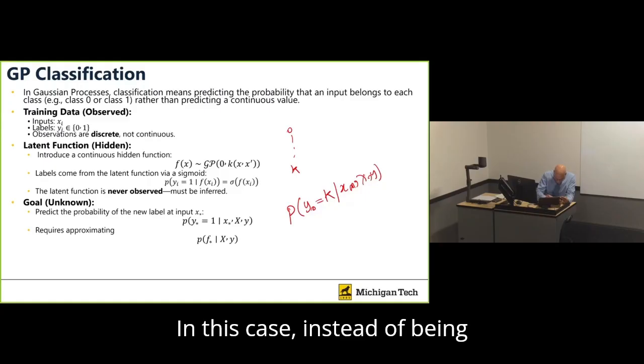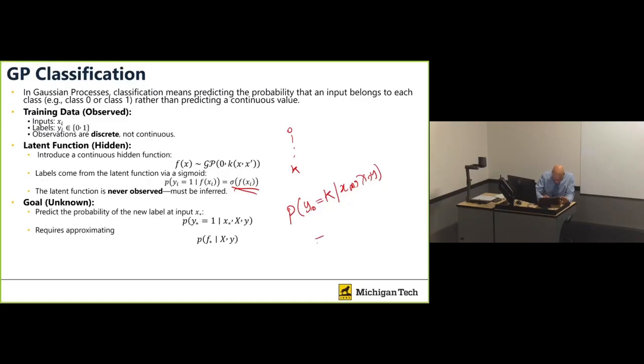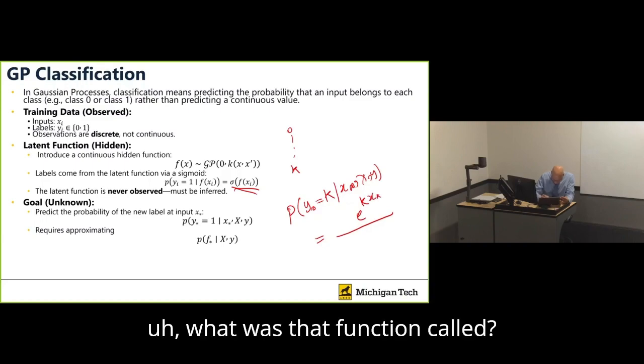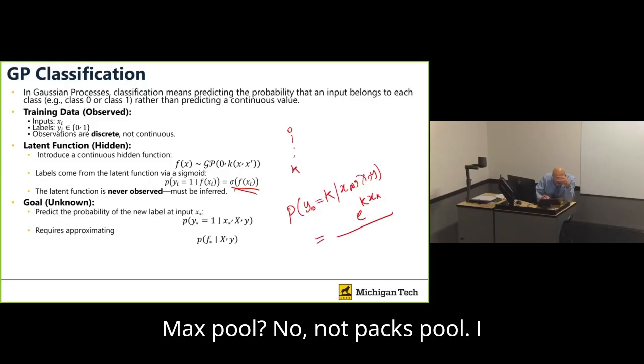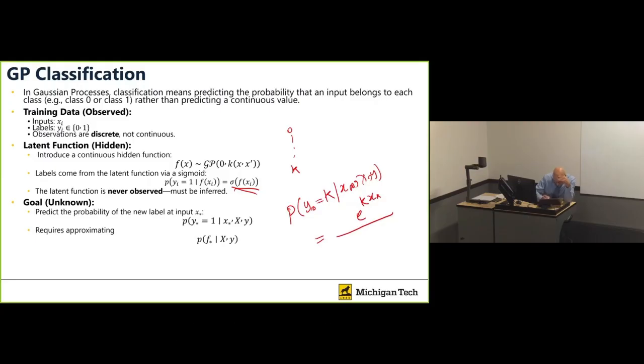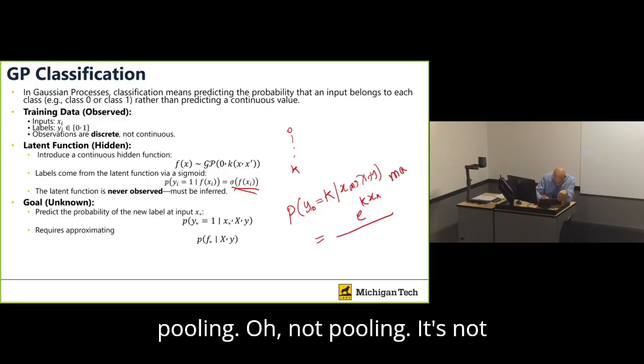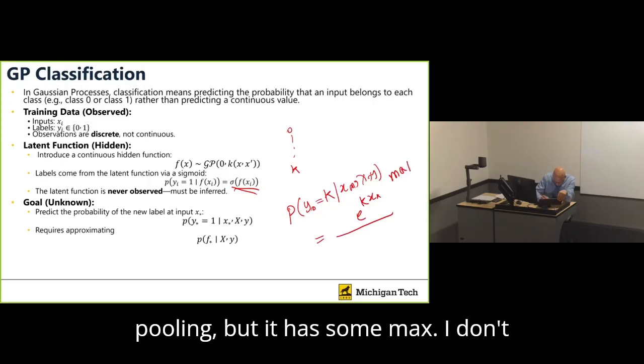In this case, instead of this, to just specify 0 and 1, it's this function, e to the power k. What was that function called? Max pool? No, not max pool. I don't remember, something like max pooling. Not pool, but it has some max.